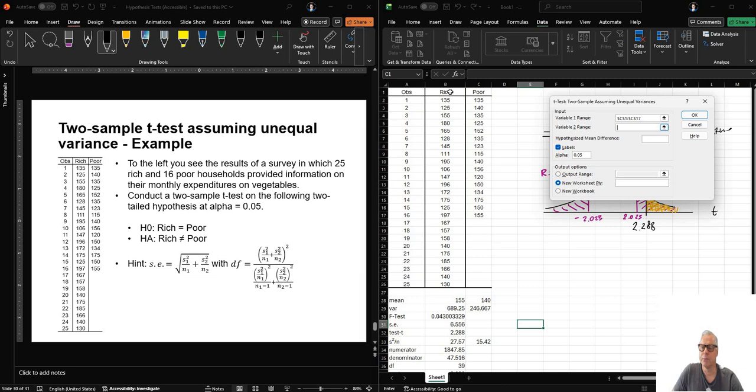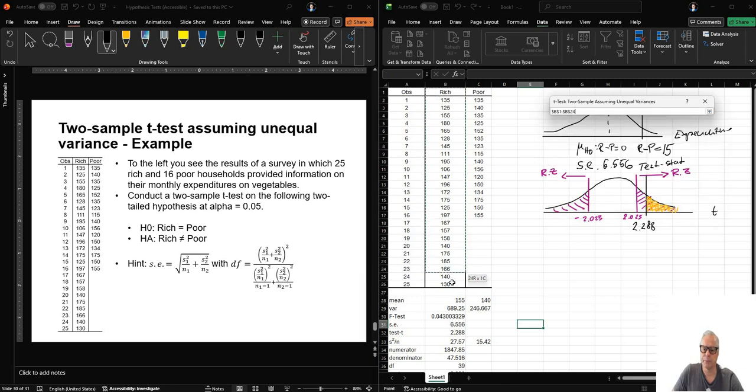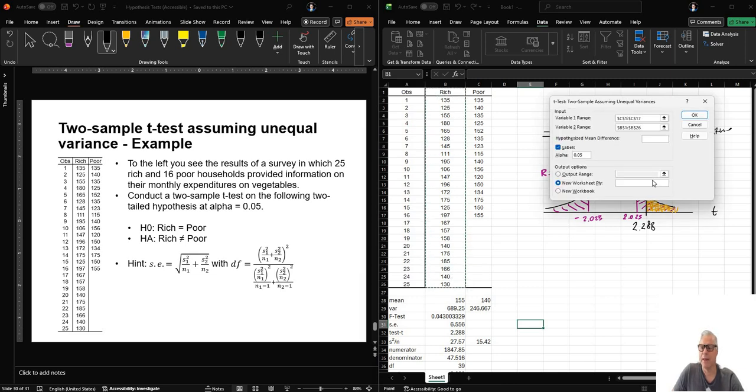For variable 2 I use the rich. You can do it the other way around. The only difference is that in this case the test statistic will be positive, in the other case it will be negative, because Excel subtracts the variable 2 range from the variable 1 range.